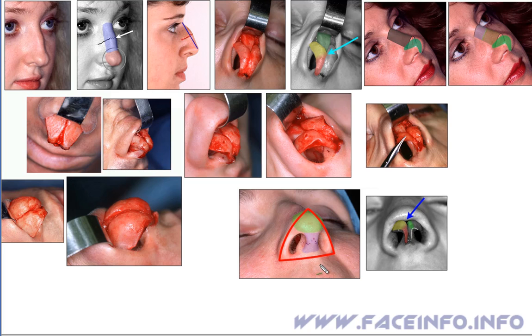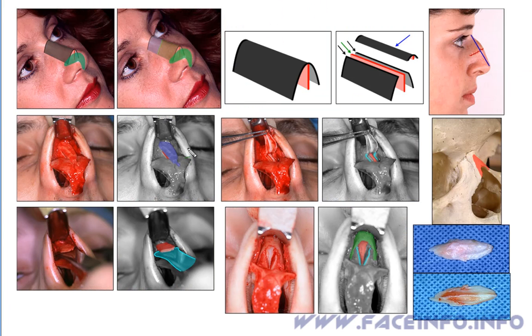Then he cuts the cartilages of the bulge, and then the bones. After this, the truncated nasal arch with sagging skin looks too wide.